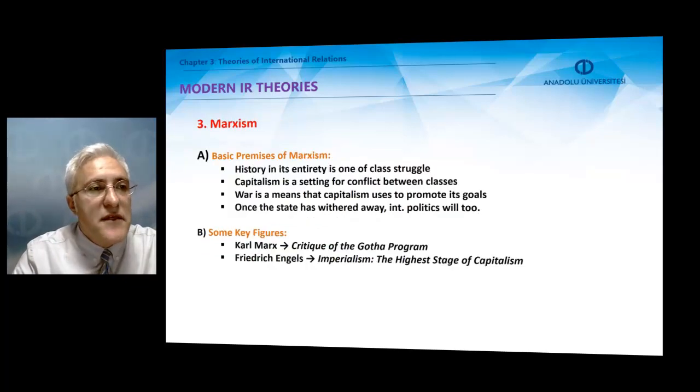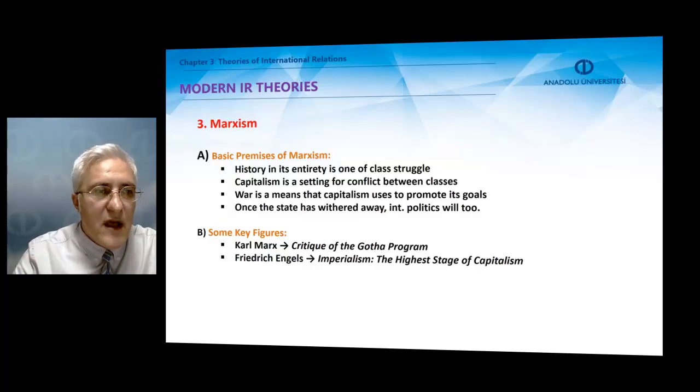And as a third modern theory, the book looks at Marxism. And you may have heard before about the basic premises of Marxism in your social studies at the high school. Marxism talks about history, and it says the history in its entirety is one of a class struggle.